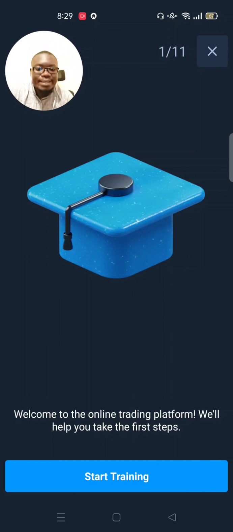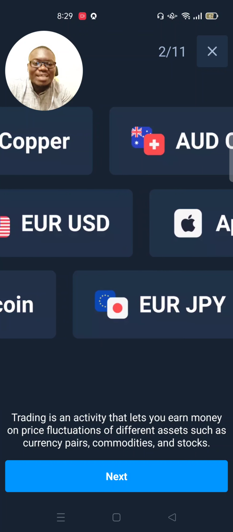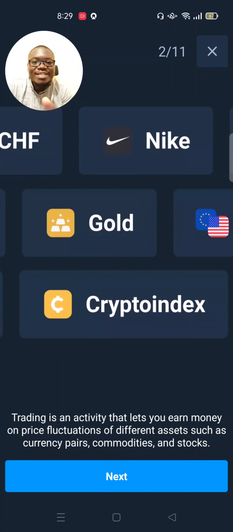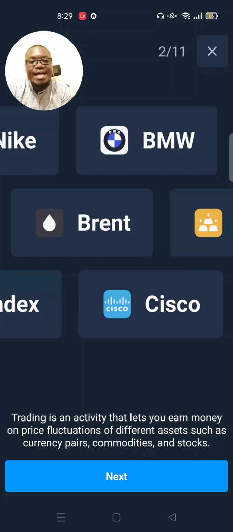So let's start our training. Yesterday we talked about something very interesting. If you watched that video, then you can remember that we talked about assets on the Olymp Trade platform. These assets are the things that people trade to make money. For example, on the screen at the moment you can see there is BMW, there is Nike, there is Brent.